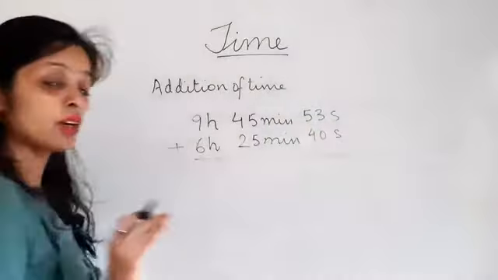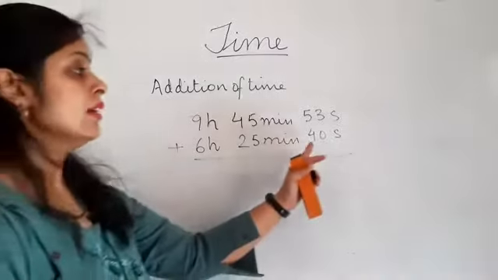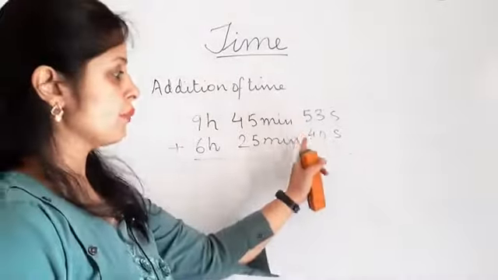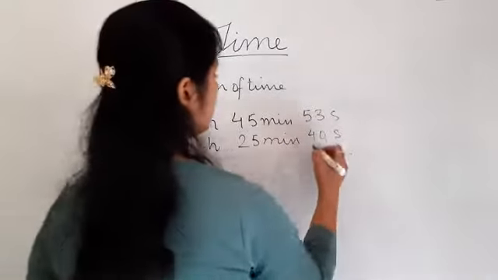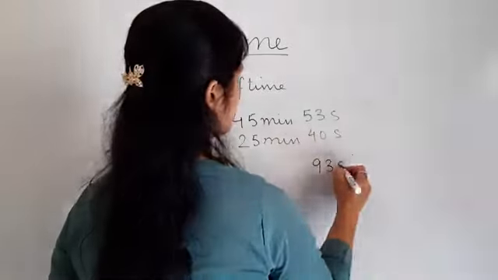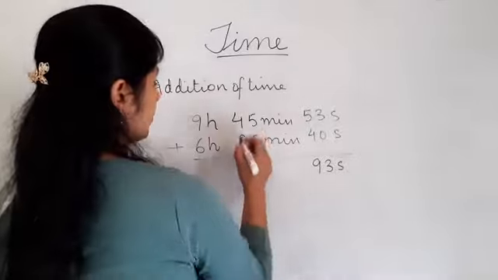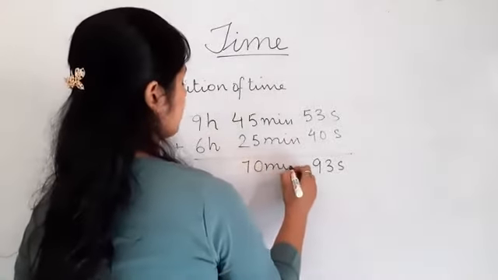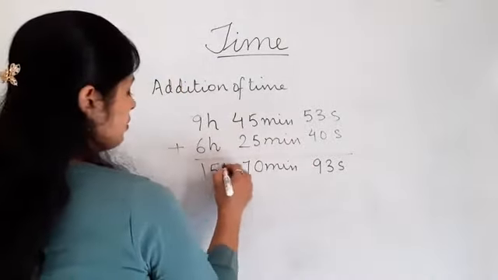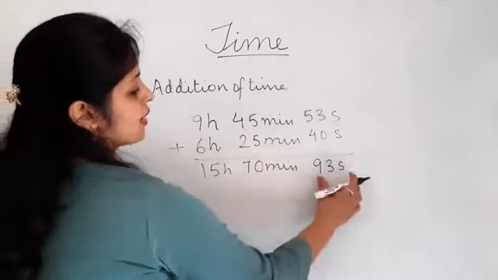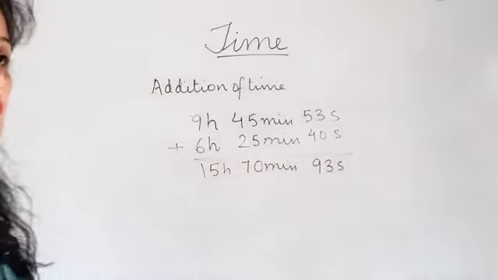First of all, we will not borrow anything during addition. Seconds will be added to seconds, so it will become 93 seconds, 71 minutes and 15 hours. But see, minutes and seconds both are bigger than 60.